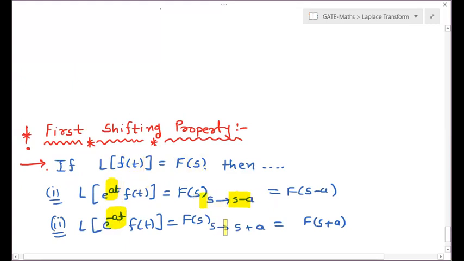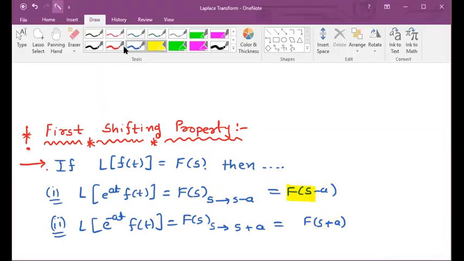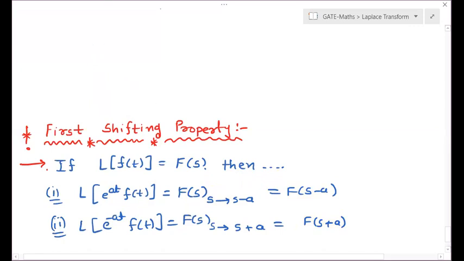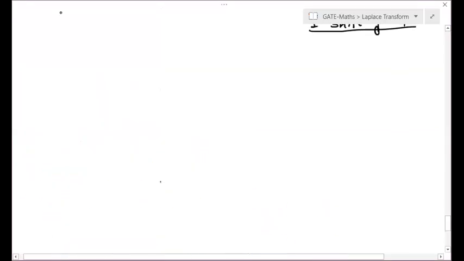For e to the power minus at, you have to replace s with s plus a. Again, I am repeating, for e to the power at, you have to replace s with s minus a. For e to the power minus at, you have to replace s with s plus a. Right? Is it clear? So this is your F of s minus a, and this is your F of s plus a. So first shifting property, everyone clear with this?